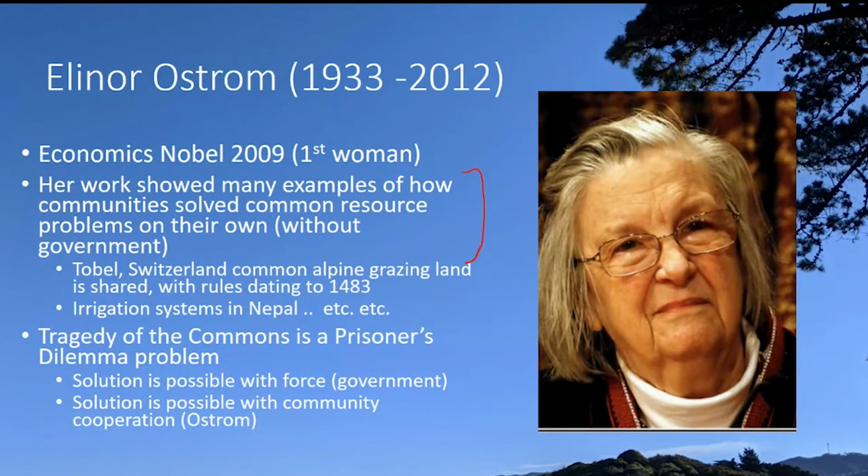And she went through and cataloged and characterized all sorts of different situations in history where common resource unsustainability problems and tragedy of the commons problems were potentially there, but in which the citizens of the area actually figured out ways to share that resource and make sure that it did not get depleted. So a couple of examples that she highlighted in her work: there's an area in Switzerland, in Törbel, which has a common alpine grazing land, which is shared amongst many, many farmers in the community.